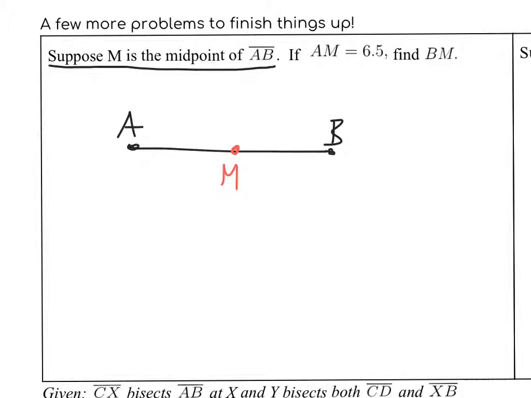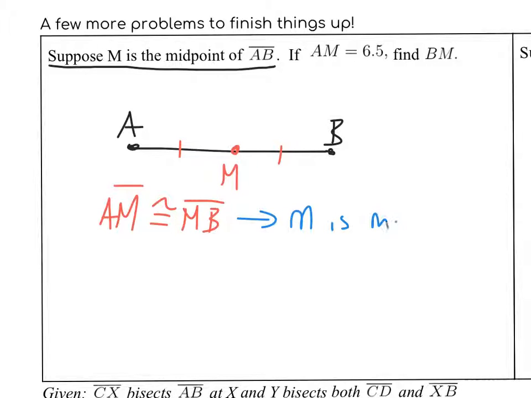If M is the midpoint, I can say that AM is congruent to MB. And just to clarify why I'm saying that, I'm just going to say that M is the midpoint. It's always useful to show your thinking of why you're making statements like this. The idea here is just to make sure that you can follow your work later and that someone else can understand what you're thinking.